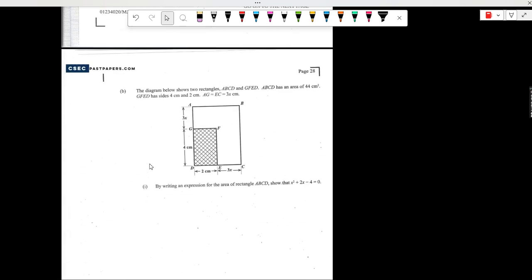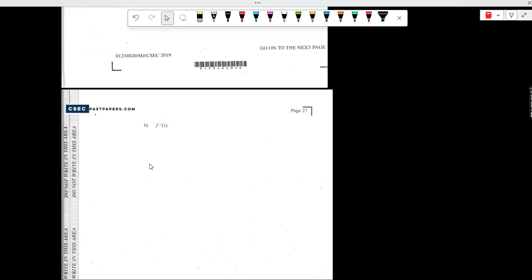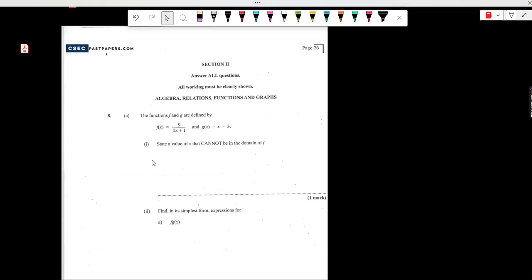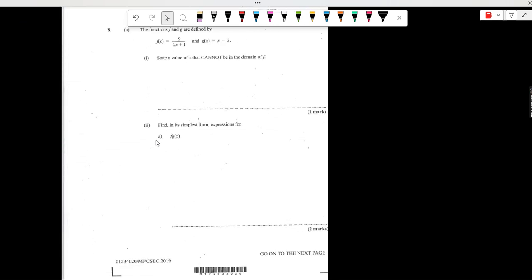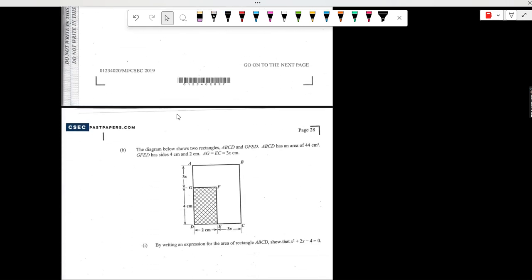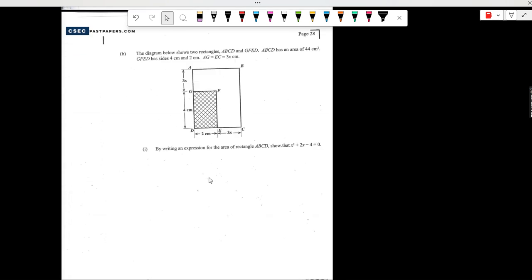Yes, you should be able to do this one. It involves functions again, composite functions and domain, so composite function fg of x, inverse of a function, and a little area, a little figure here.